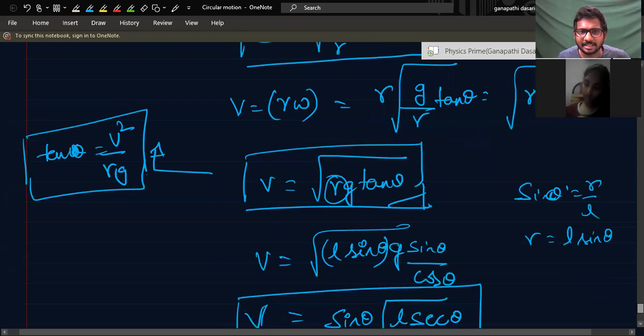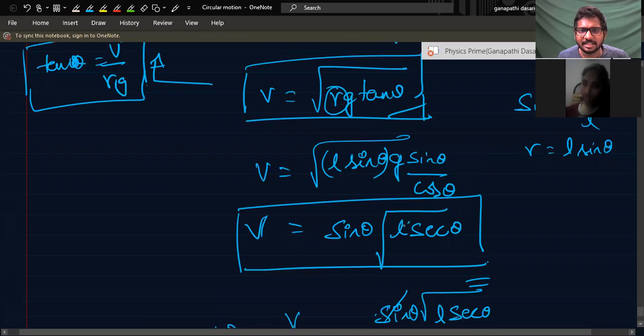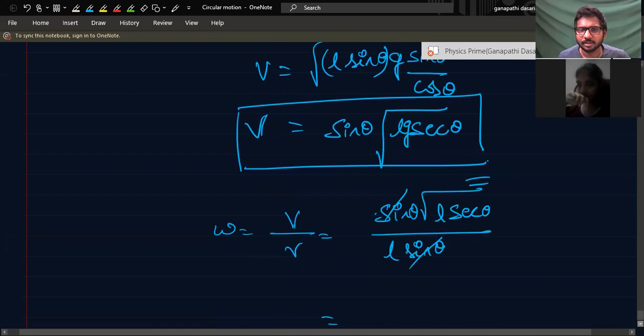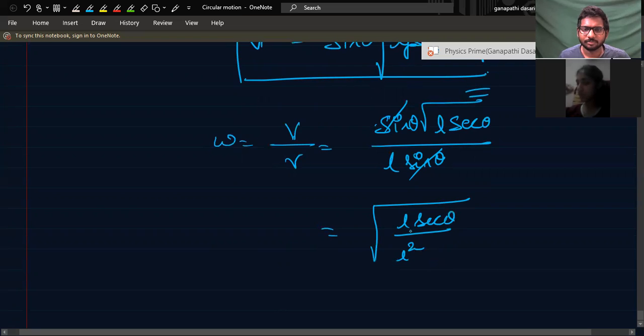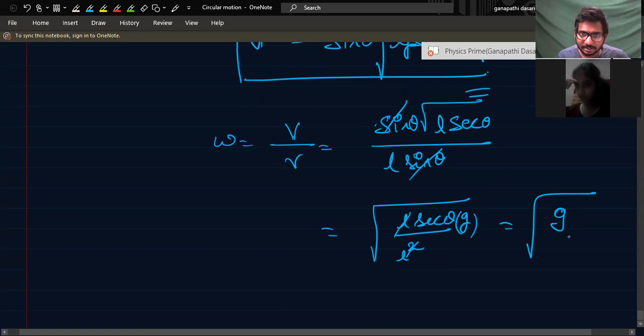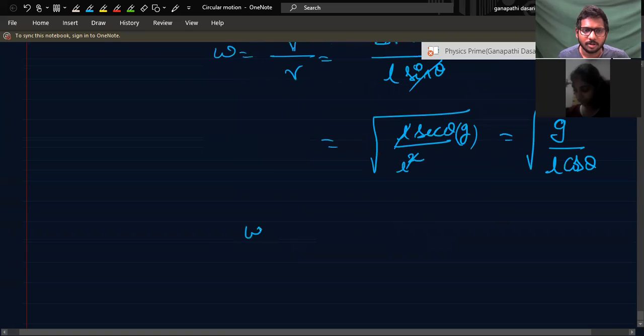This is not L secant theta, this is L g secant theta. Sin theta cancels. So the answer will be root L g secant theta divided by L square. Divided by g L, L L cancel. The answer will be root g by L cos theta. Now this is 2. Omega is the correct answer only. G by L cos theta.